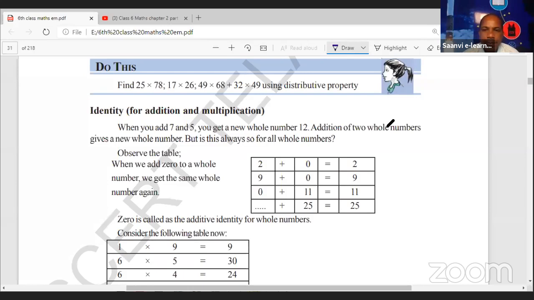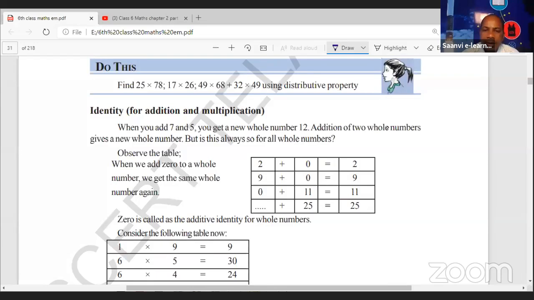Here some whole numbers are taken and added with 0. When we take the whole number 2 and add 0, 2 plus 0 is equal to 2 only.